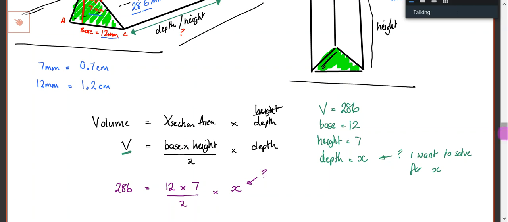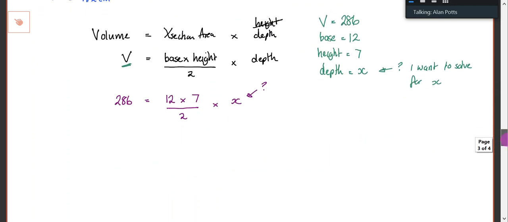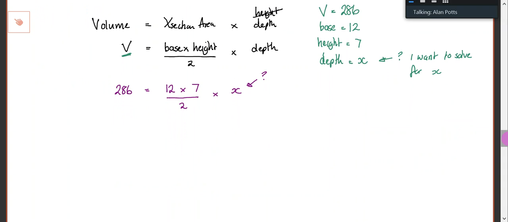So now I need to solve for X. What would you guys do? What would be your next step? I've not done any calculating yet. I've just put numbers that I know into the formula that I know, because the formula's in your formula booklet, right? So that's not a hard thing.